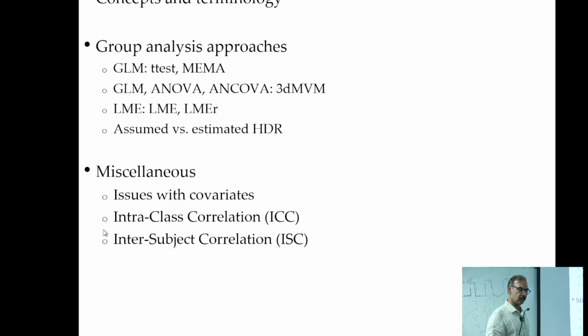So again, for group analysis, the t-test, and MEMA, which stands for mixed effect analysis, like GLM, ANOVA, and ANCOVA. These are the methods, and MVM is the multivariate modeling method which is used.